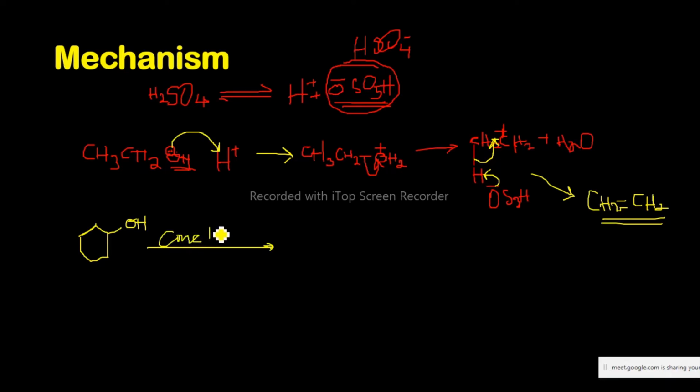Conc sulfuric acid. You should be writing. Yes, I might not mark, but you try out and then you come and write the mechanism so that you see. This is for your own benefit, okay? This is 180 degrees Celsius.